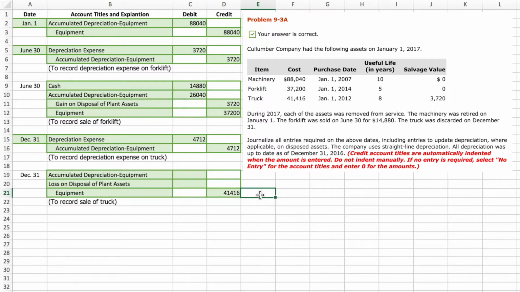So if you take that 6 years and multiply it by our depreciation value of $4,712, you get a total of $28,272. So we'll go ahead and enter that here, $28,272.